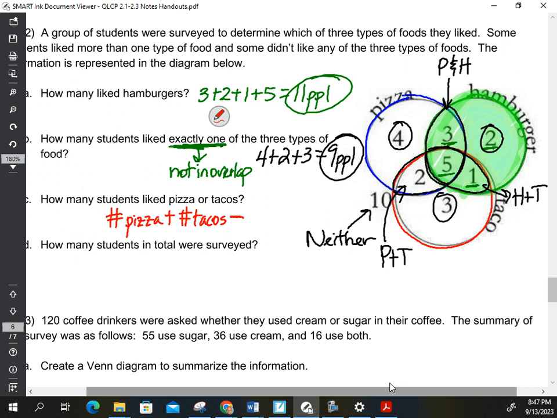So you're going to subtract out the number that liked both. Either you want those who liked pizza or you want those that want tacos. You don't want those that like both. So here's your pizza.